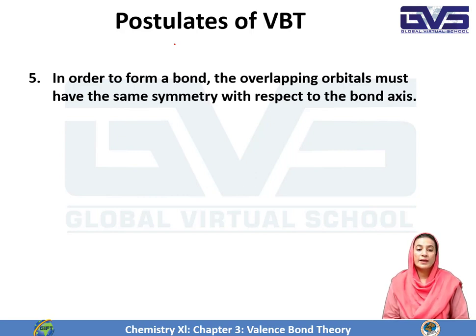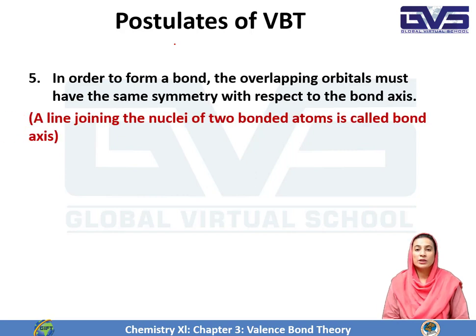So they must have the same symmetry with respect to the bond axis. The bond axis is the line joining the nuclei of two atoms. I will explain this in the later slides.